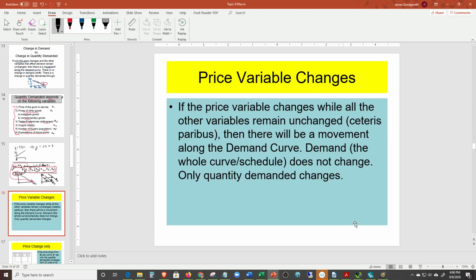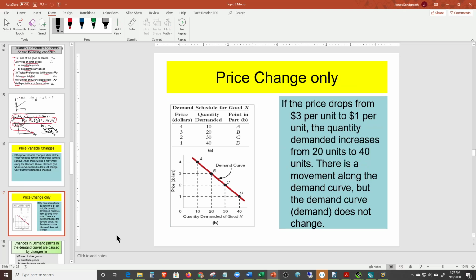All right, let's take a look at price variable change. If the price variable changes while all other variables remain unchanged, then there'll be a movement along the demand curve, which we have already talked about. So price change only.